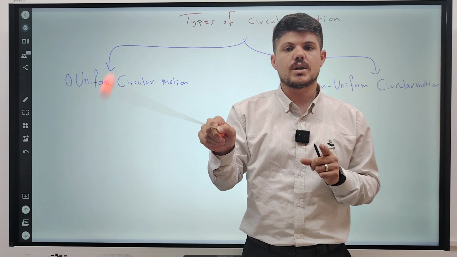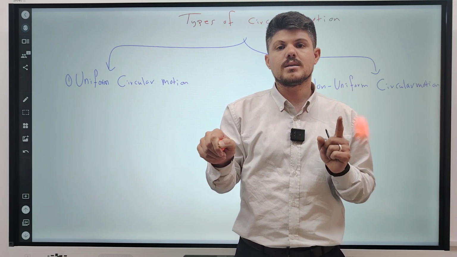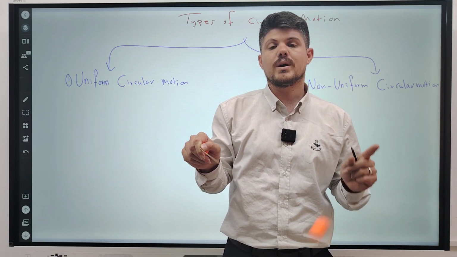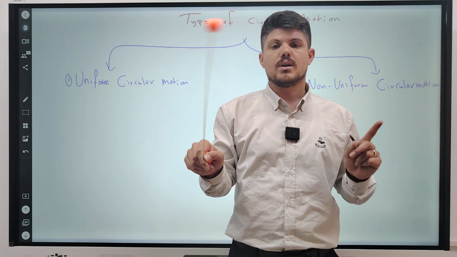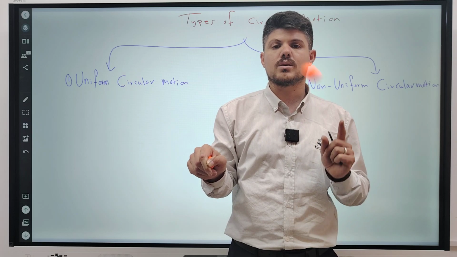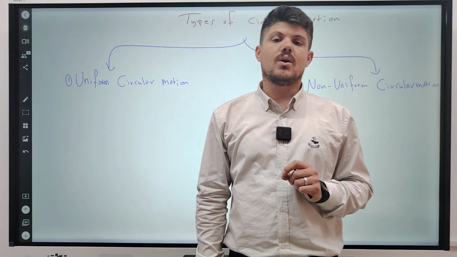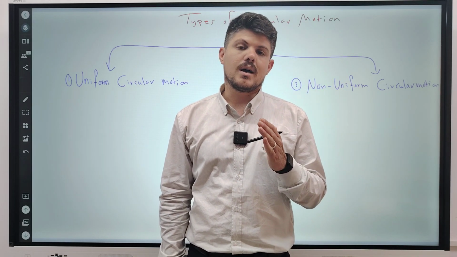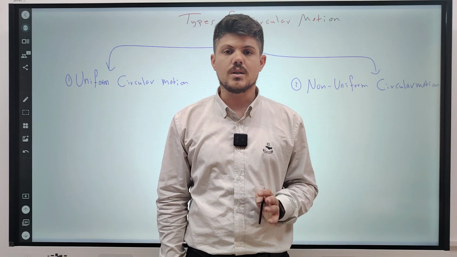Because the tangential speed and the angular speed are constant. When does circular motion become uniform circular motion? When the object is moving at constant tangential speed, which happens when the object is rotating at constant angular speed, because angular speed and tangential speed are directly proportional to each other.